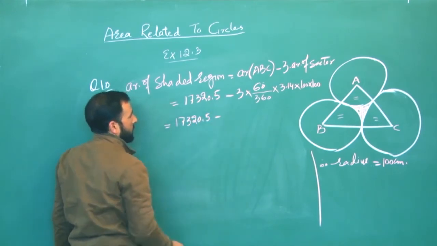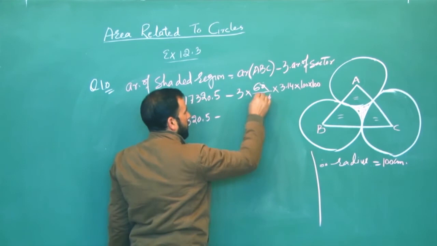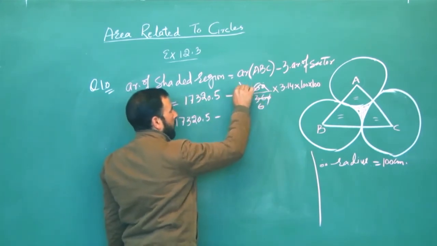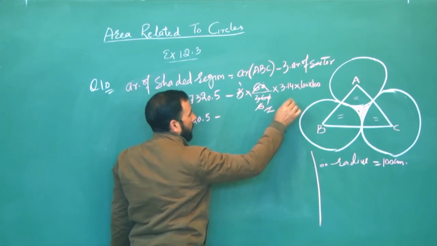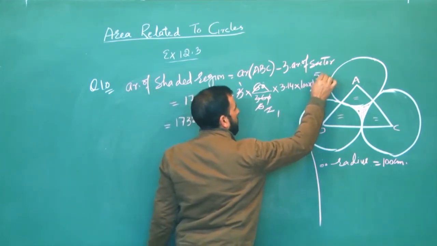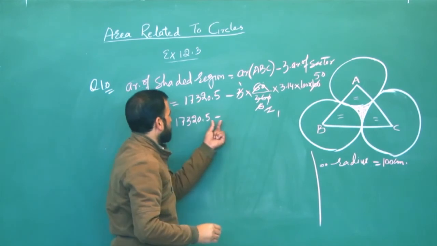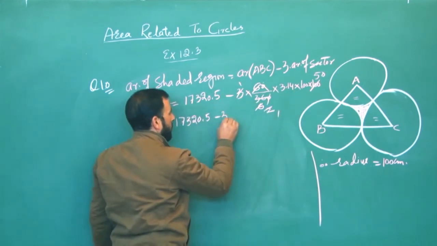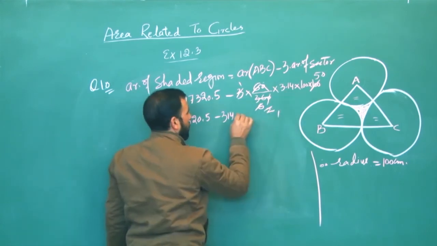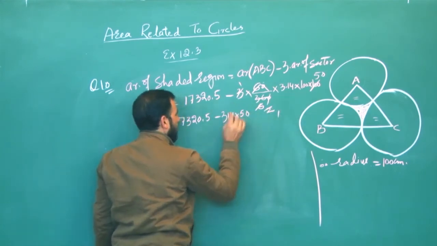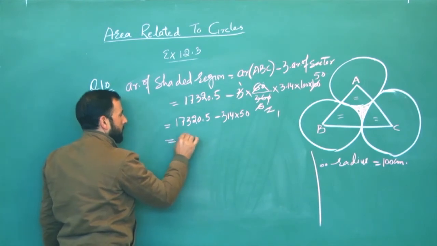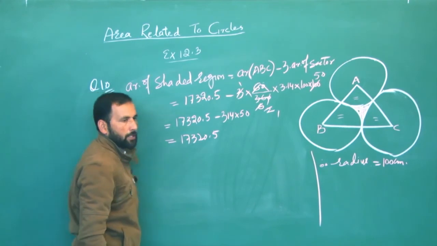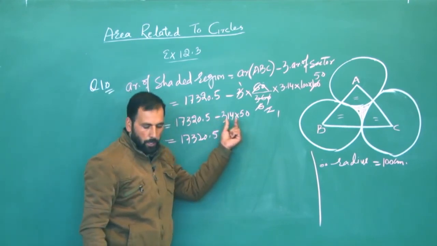That implies it is 17320.5 minus, we cancel out here 0 and 0, 6 1s are 6, 6 3s are 18... minus here 3.14 into 100 is 314 into 50. That implies it is 17320.5 minus 314 into 50.